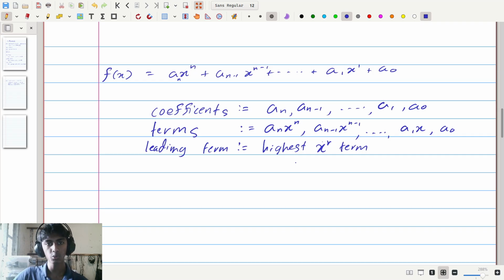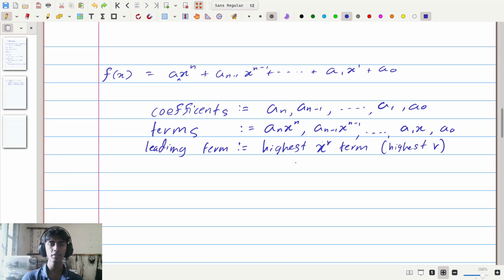In this case, that would be a_n x to the n, the highest power of x. So a_n x to the n is the leading term of the polynomial f(x).